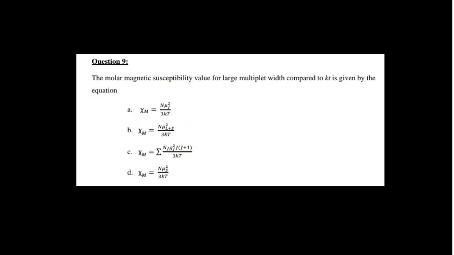The molar magnetic susceptibility value for the larger multiplet width compared to kT is given by the equation. So this question is memory based, and I am telling you, see, whenever your multiplet width is greater, in that case the L and S coupling, LS coupling would be very, very strong.